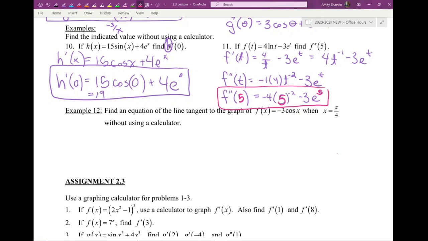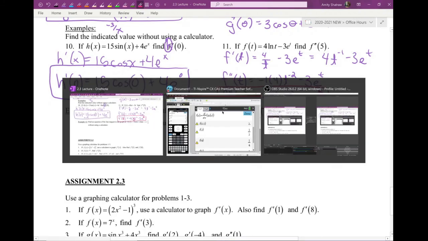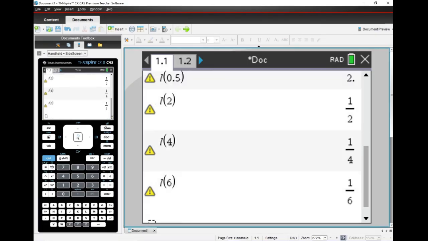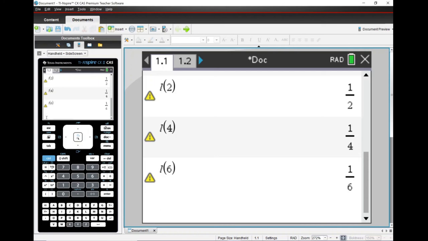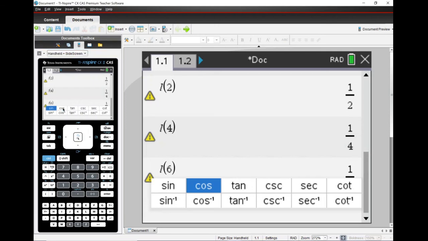So you need to know what cosine of x is at pi over 4. And I'm mentioning this as a homework, so you can go in here and just real quick remind yourself, do you know what cosine of pi over 4 is?